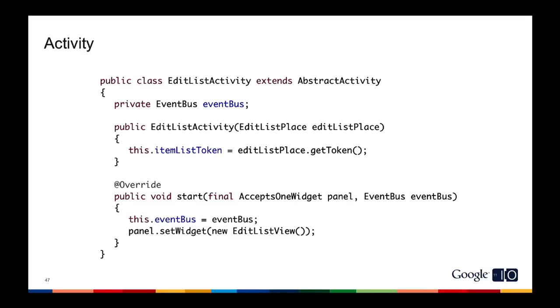And then it also takes an event bus, which is the bus that your app uses to communicate with other parts of the app. So you call panel.setWidget with your view, and that results in GWT calling addWidget on that container. So this is what actually makes your view show up on the screen.